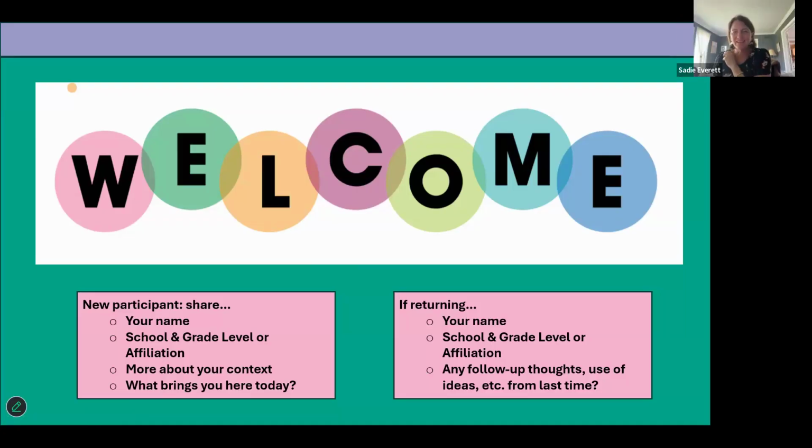Hi, everybody. I'm Sadie Everett, and I'm the director of the Regional Autism Advisory Council at the University of Cincinnati. Excuse me, all of this warmth, and now things are flying through the air and my allergies are acting up. Anyway, what I do with RAAC is provide opportunities for people to come together and connect, and also opportunities for training and professional development.